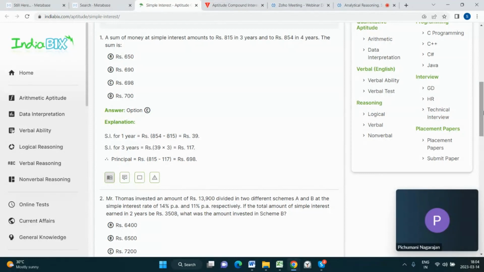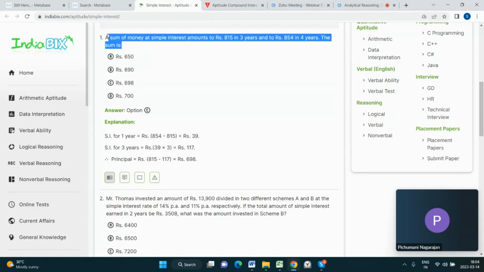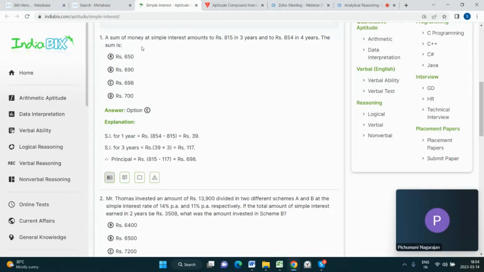Now let us calculate some simple interest problems. We will apply this definition and calculate the simple interest and the amount which you will get at the end of a particular period.